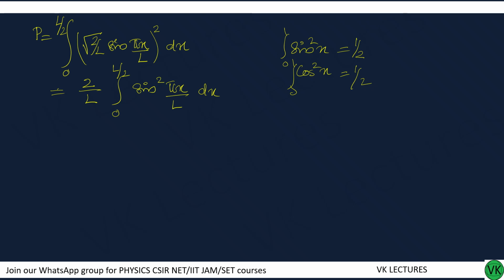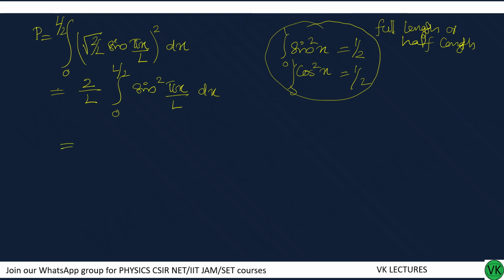This is not true for all integrals. It is only true for full length or half length. While we are considering this problem, 0 to L is the particle in a box, so while integrating from 0 to L or 0 to L by 2, we can use this formula. Okay, so what will be the result?